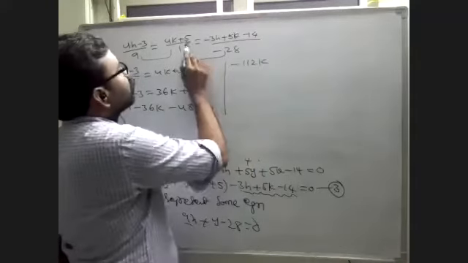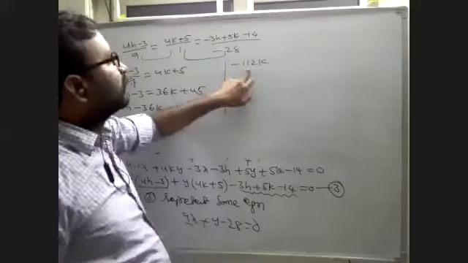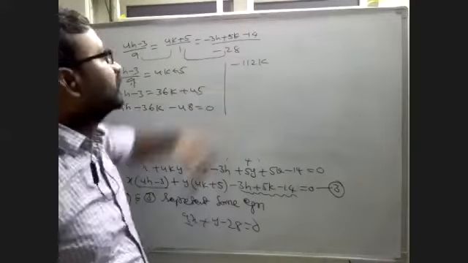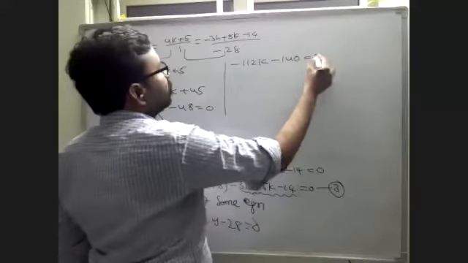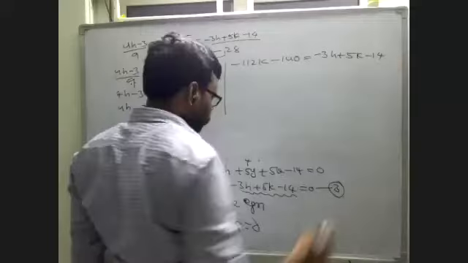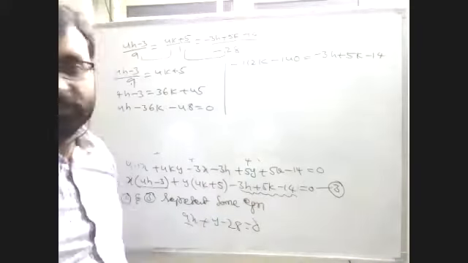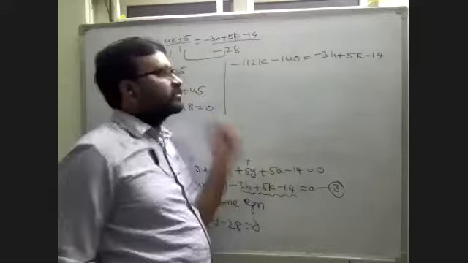Yeah. Next 28 times 5. So 112 plus 28, 110, 20, 30, 40. Minus 140 is equal to minus 3h plus 5k minus 14. Minus 14, right? Minus 14. Now this is negative. All terms take this side.